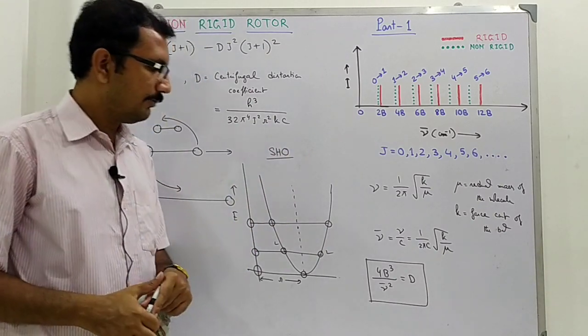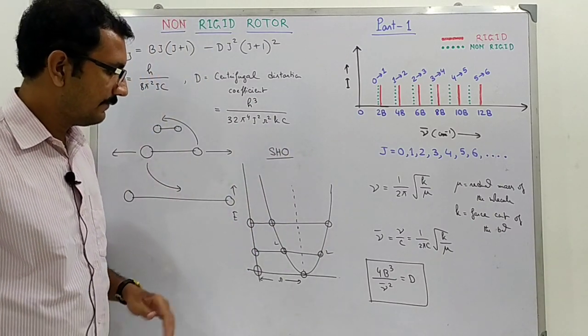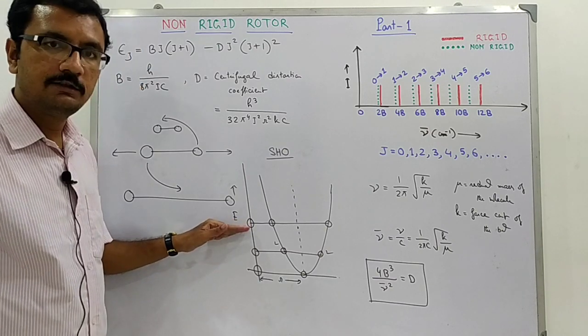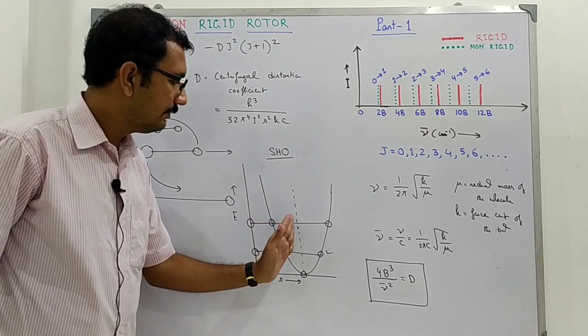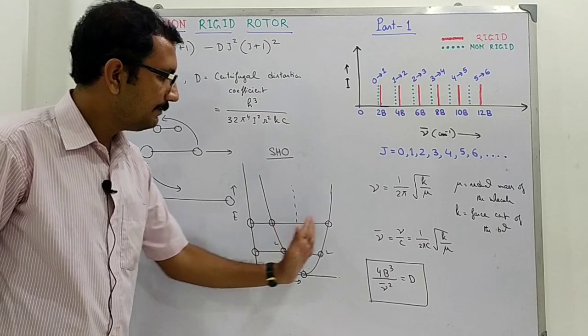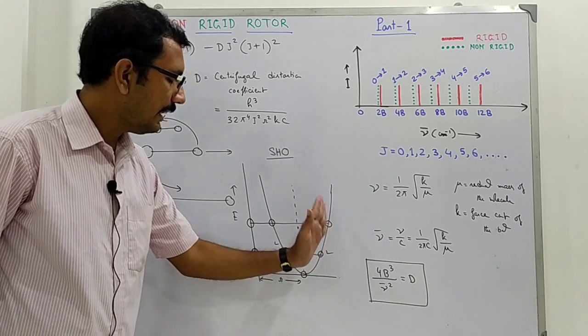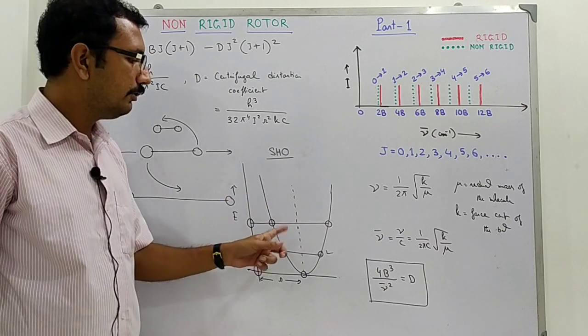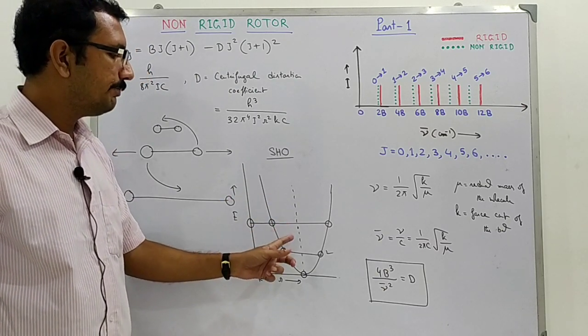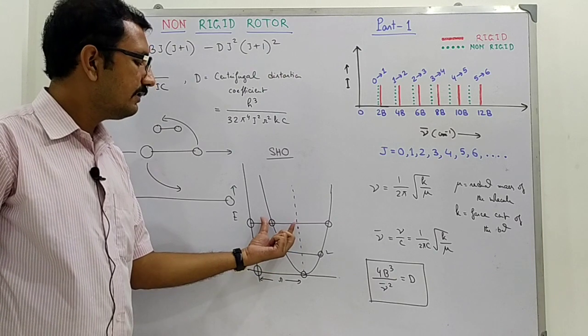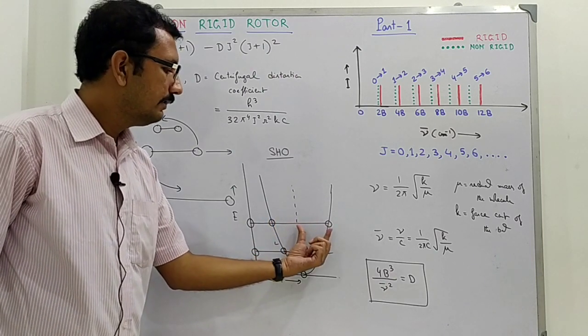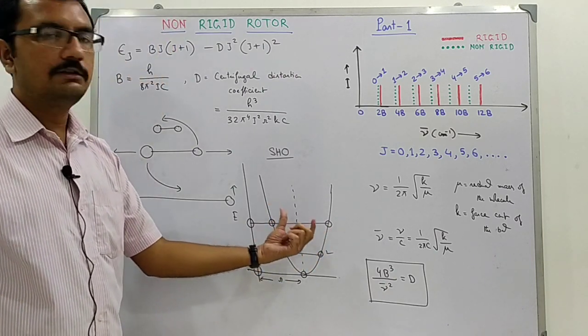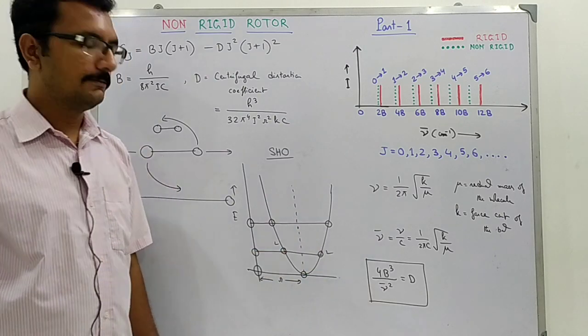In this simple harmonic motion, you will find that for the same energy, the amount of expansion is exactly identical to the amount of compression. The molecule will be able to compress as much as it will stretch with the same amount of energy.